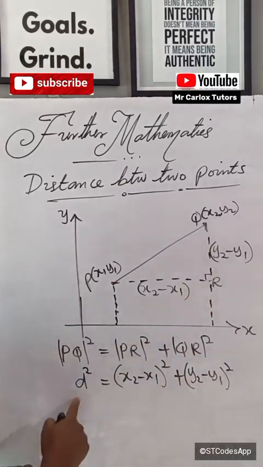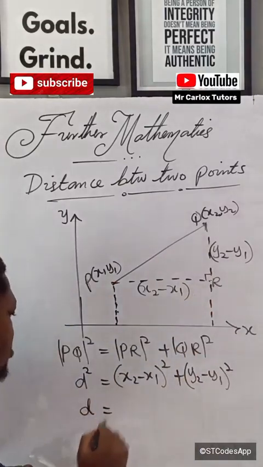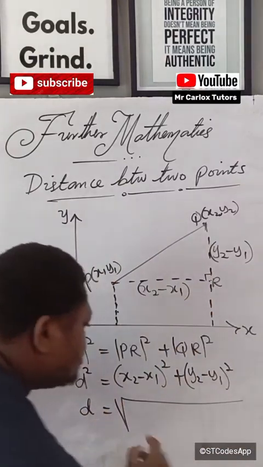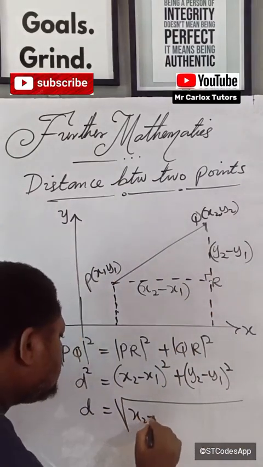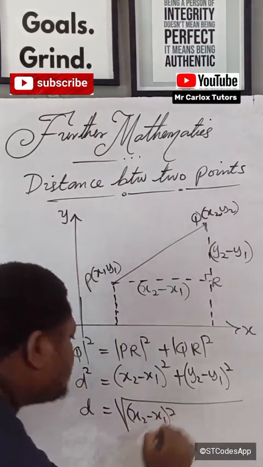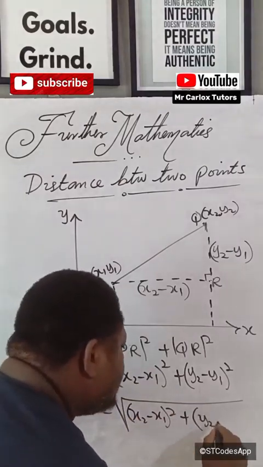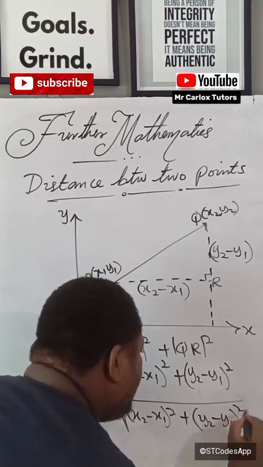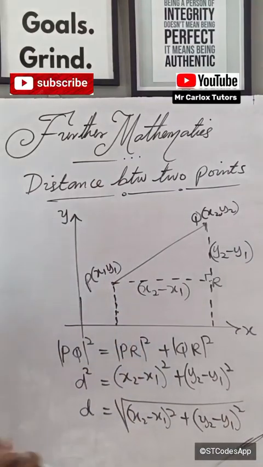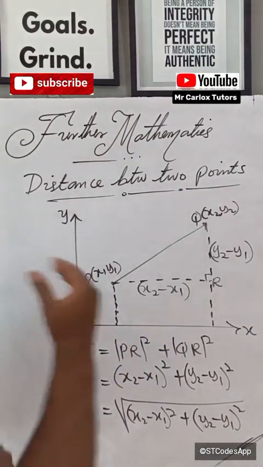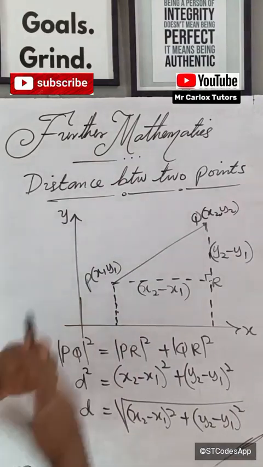So lastly, distance D is equal to the square root of x2 minus x1 all squared plus y2 minus y1 all squared. We call this the distance between 2 points in a plane or Cartesian plane.